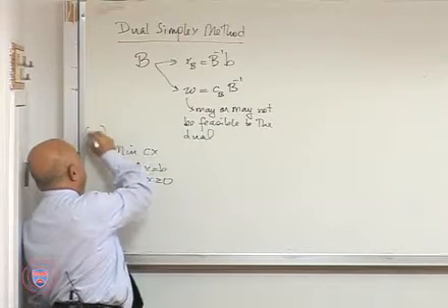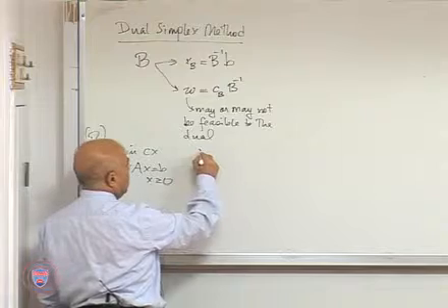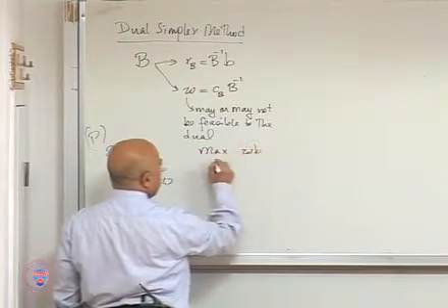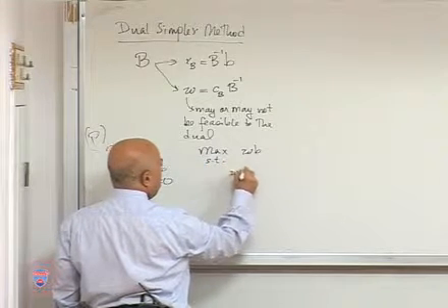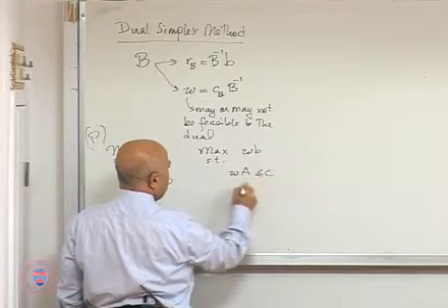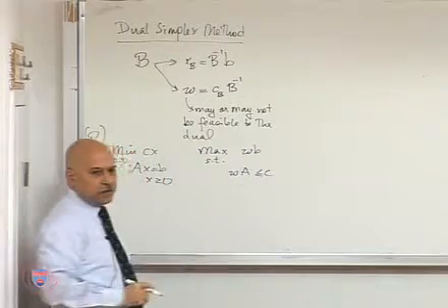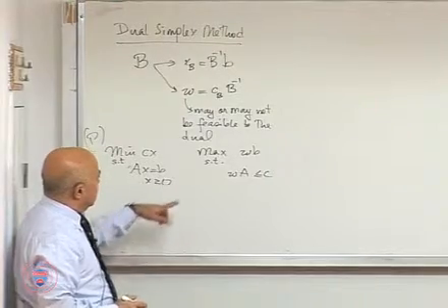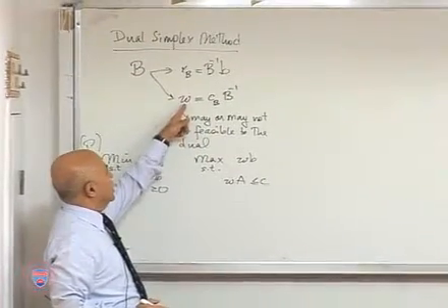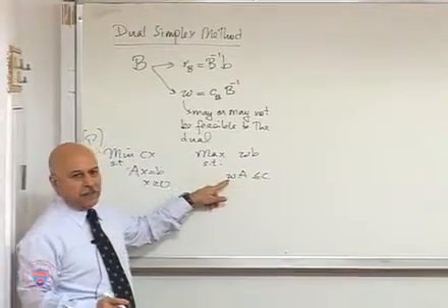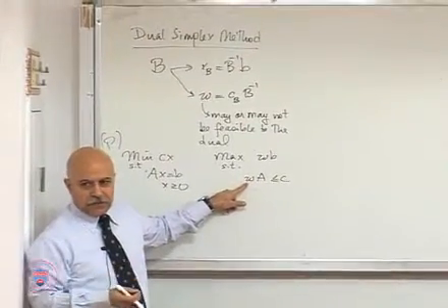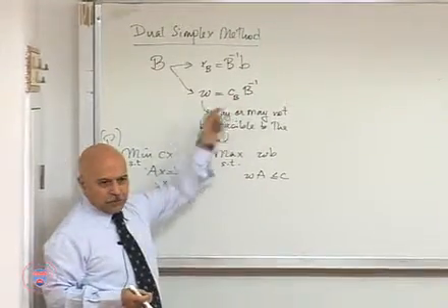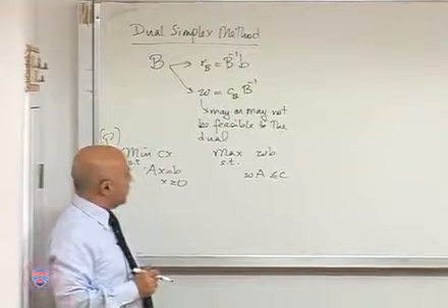If this is your primal problem, then the dual problem is a maximization problem, maximize Wb subject to WA less than or equal to C, with no restriction on the W. Of course, W here is a generic vector of variables, a dummy vector. Here, it's defined in a particular way, so there's a difference.